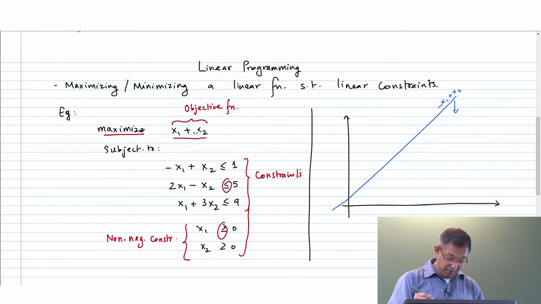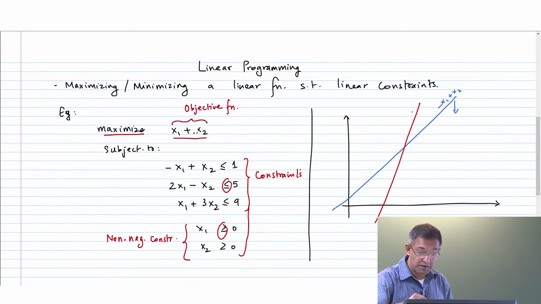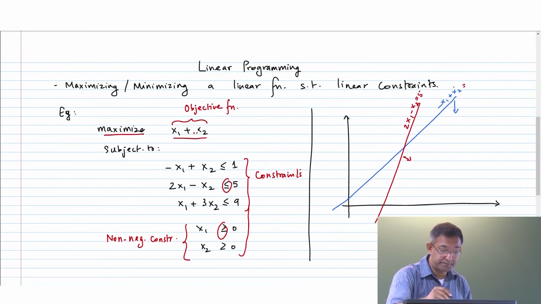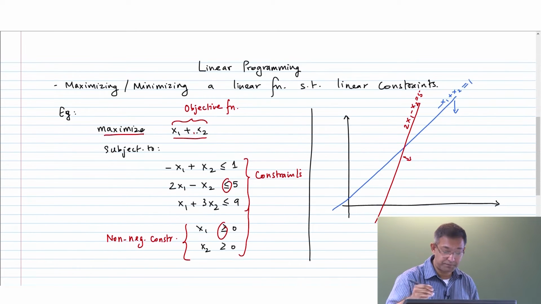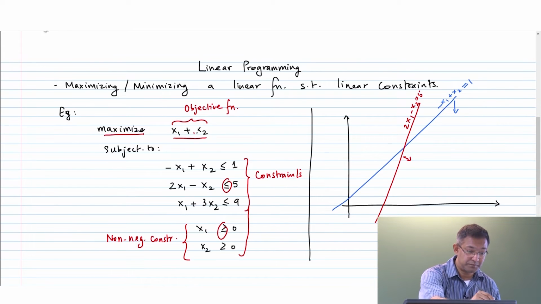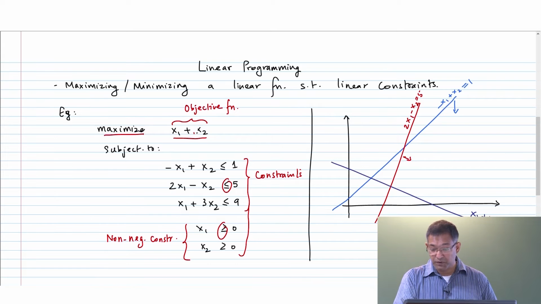Now, 2x1 minus x2 equal to 5, this is the line, and this is the line x1 plus 3x2 equal to 9.